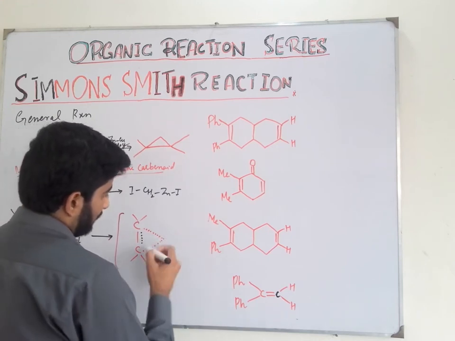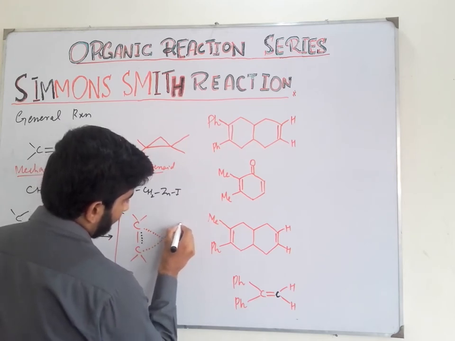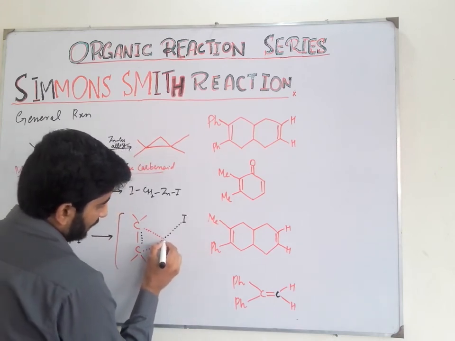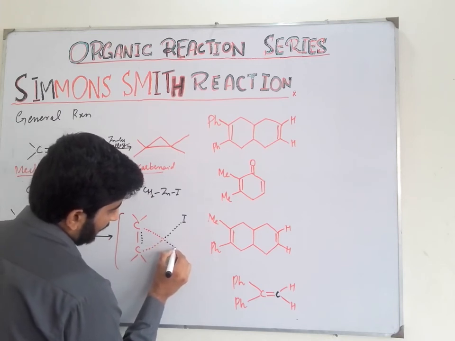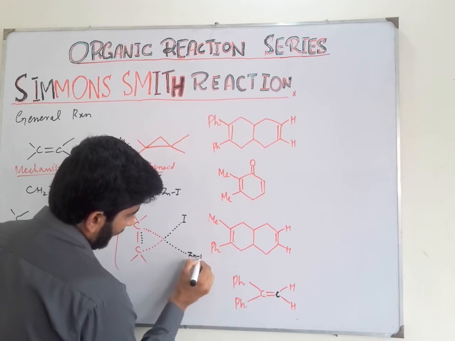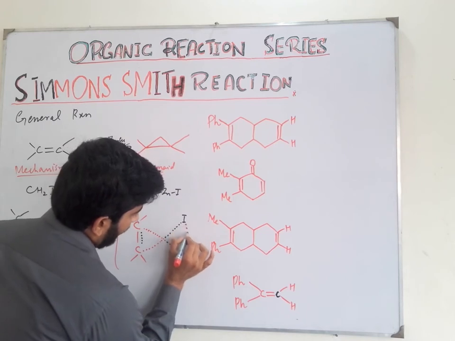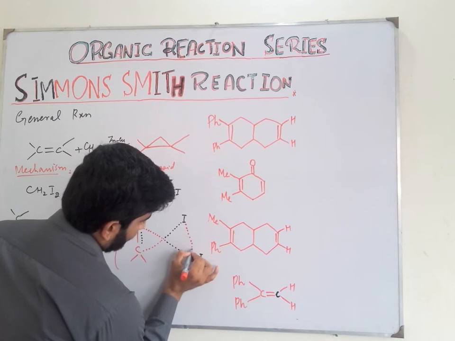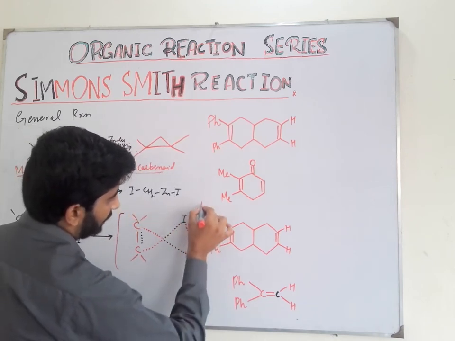The bond of carbon and iodide also breaks, represented by the black marker, and the bond of carbon and zinc iodide also breaks, represented by the black marker, and a new bond is formed between this iodide and zinc iodide, represented by the red dots. So this transition state is formed.